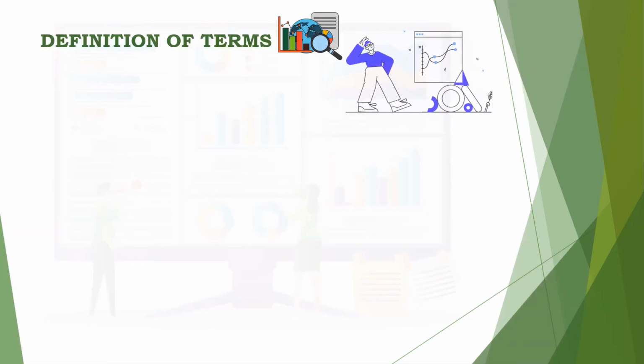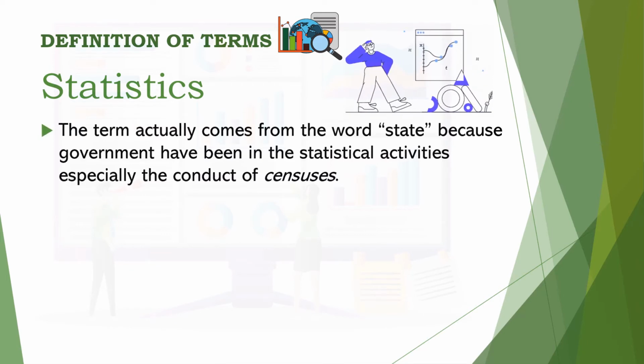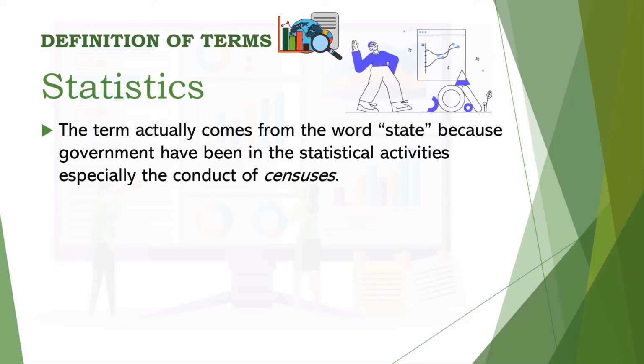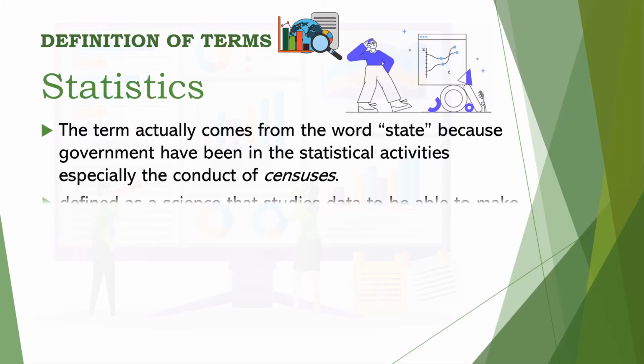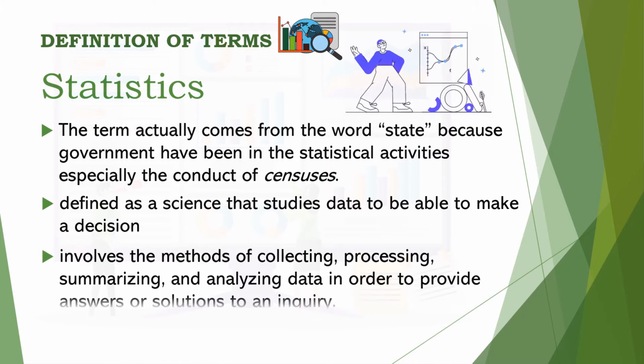First and foremost is statistics. Ano nga ba ang statistics? The term actually comes from the word state, because governments have been in the statistical activities, especially the conduct of censuses. It is defined as a science that studies data to be able to make a decision.